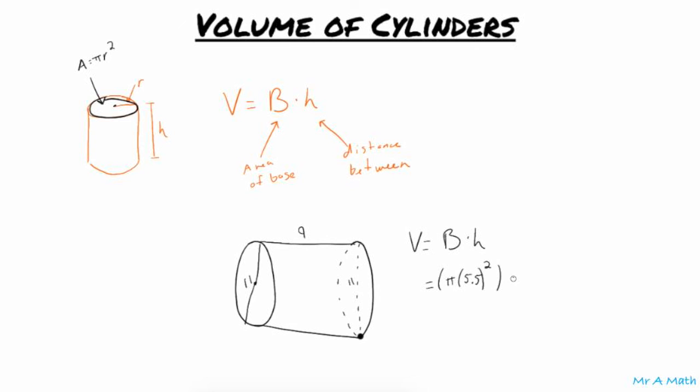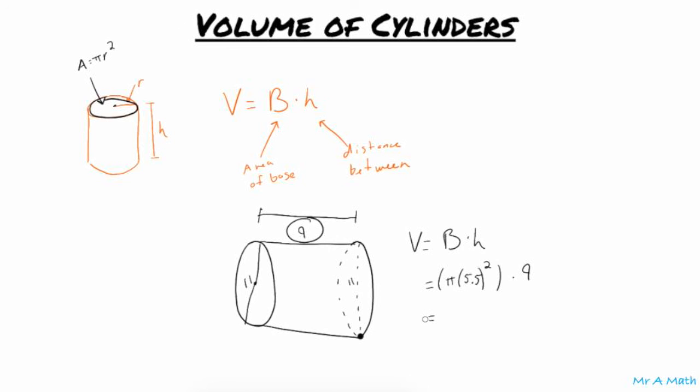And then it's going to be times my height, which, again, before you say the height is 11, because that's the up and down distance, the height when we're calculating volume is always the distance between the bases. So if my two bases are the circles, my height is going to be this distance right here. So it's times 9.